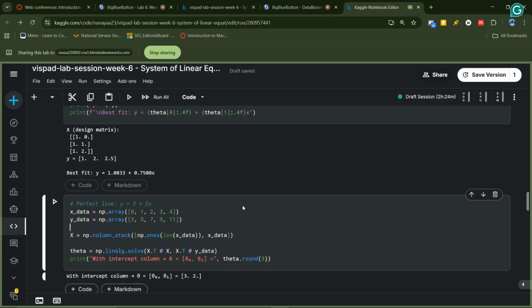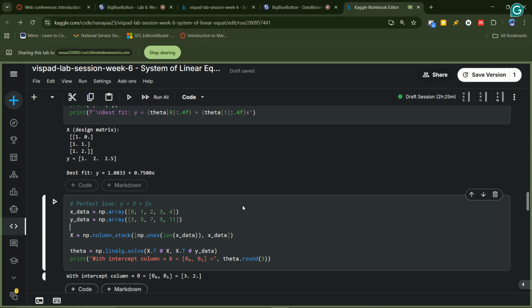Great. And now you remember during lectures, Seth taught us that we don't just write the x. We first put a column of all ones, which represents the intercept term, because we have to make sure it does not find a way to pass through the origin in the plane.